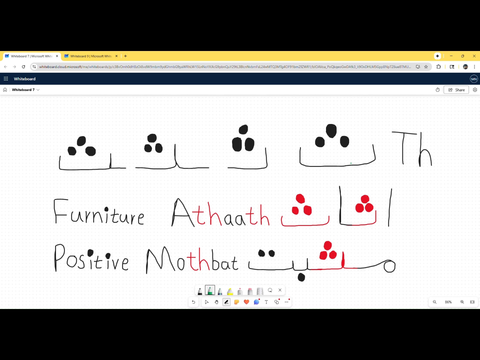The only difference with Fi is that it is the opposite of T. If you remember from that lesson, T had 3 dots on the bottom, with the first 2 dots coming first and then the last dot coming in the bottom.